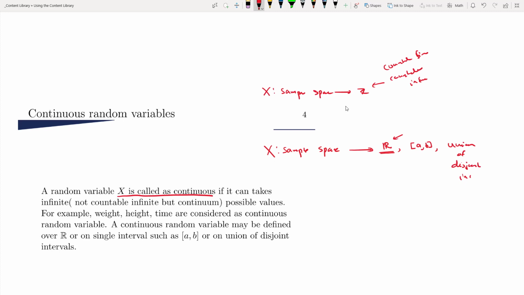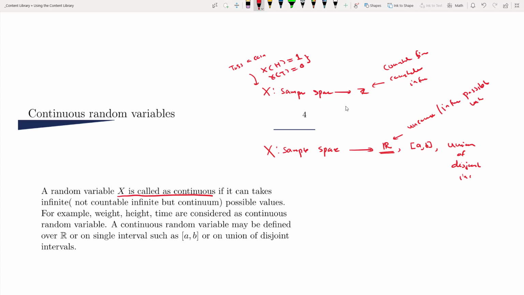Now in here, the random variable can take uncountably infinite, it's uncountable and infinite possible values. For example, when we toss a coin, we define something like this. If it is head, you say it's 1. If it is tail, it is 0. So it's finite possible values.